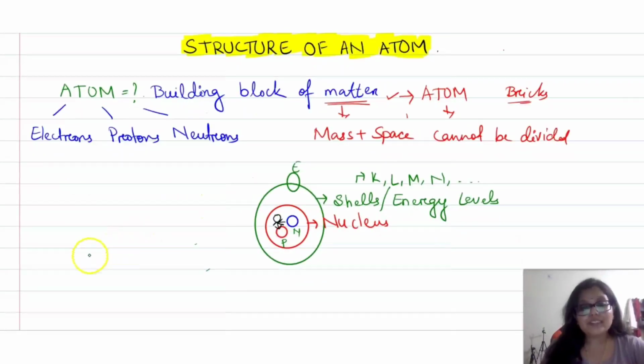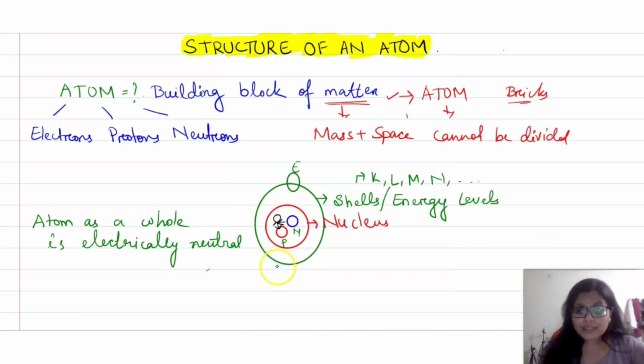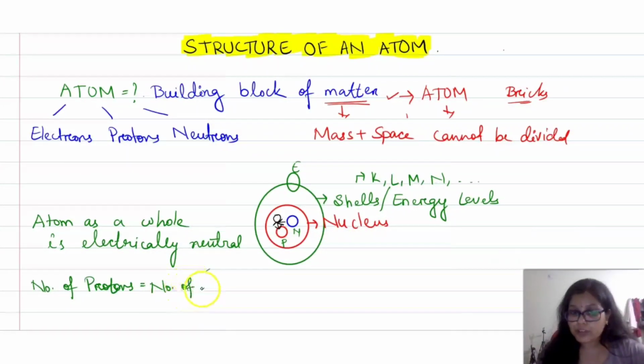Generally it is said that an atom as a whole is electrically neutral. Why is this statement made? When we say an atom is an electrically neutral substance, it means that the number of protons is equal to the number of electrons, and this is true every time.